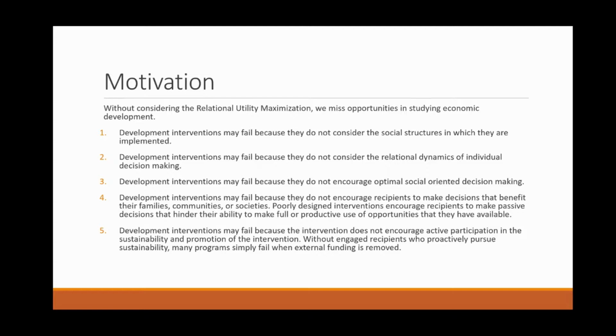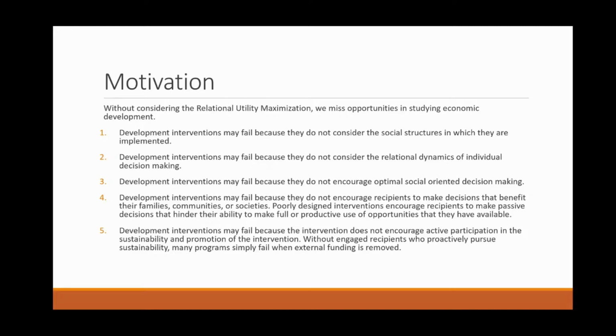If we think about people purely as individuals, and not as people making decisions with respect to the welfare of their community or their society, then we could design programs that don't promote decisions that benefit the community and society.